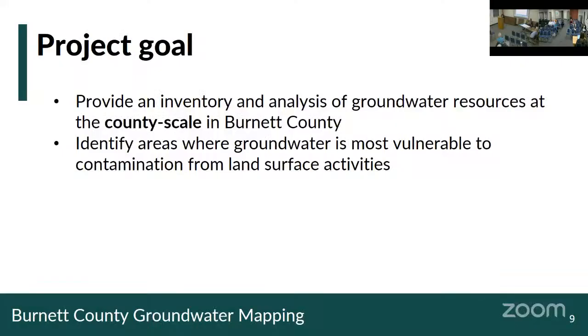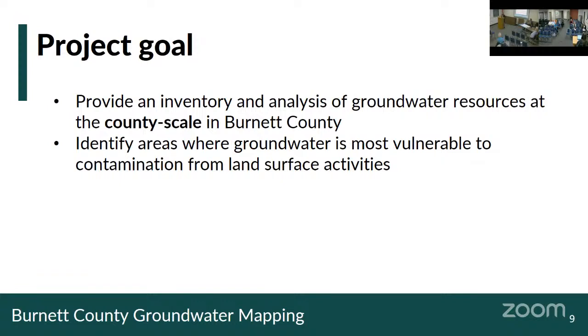Okay, Elmo covered this already with the project goal. One of the more specific goals of the project, though, was the second bullet, identifying areas where groundwater is susceptible to contamination from the things that we do on the land surface.